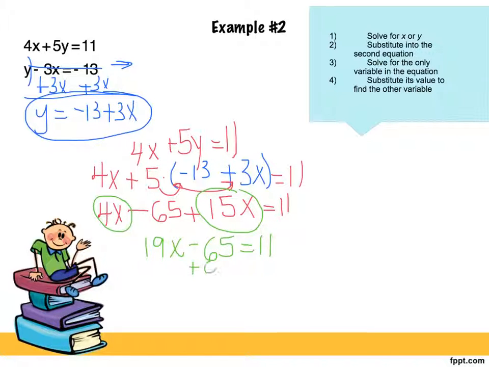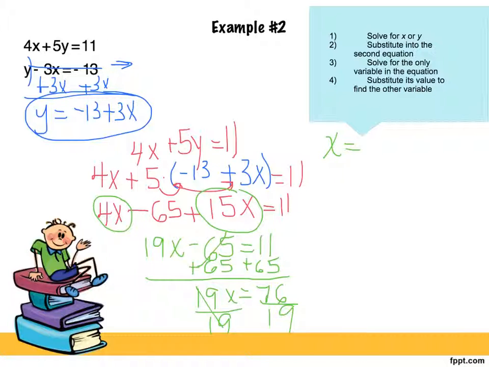We'll add the 65 to both sides. So we'll get 19x equals 76. Divide by 19 on both sides of our equation. When you do that division, you can certainly use your calculator for this part of the process. We'll get x equals 4.